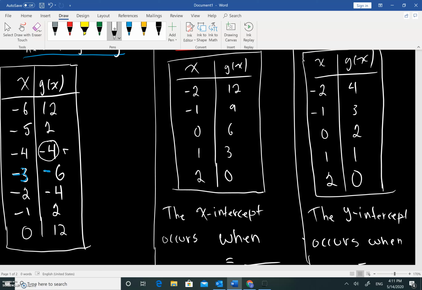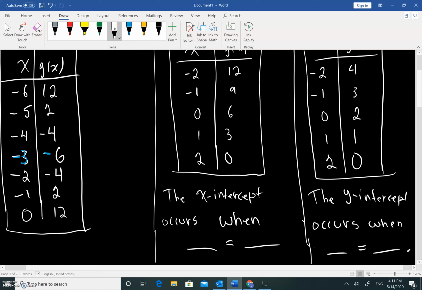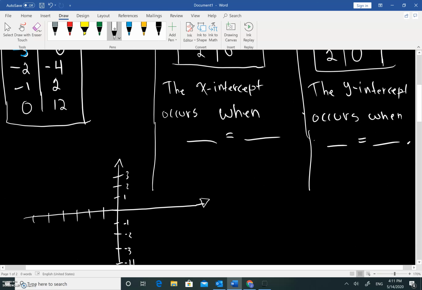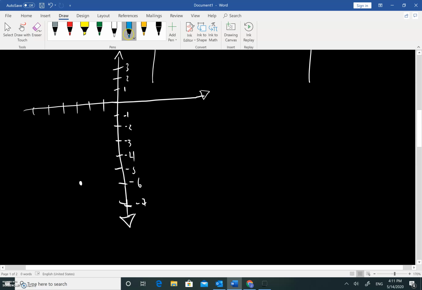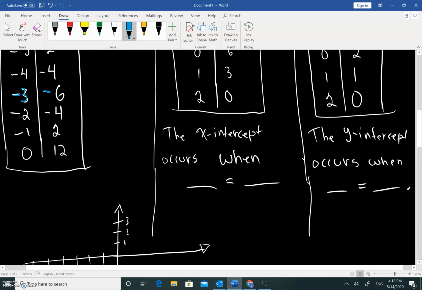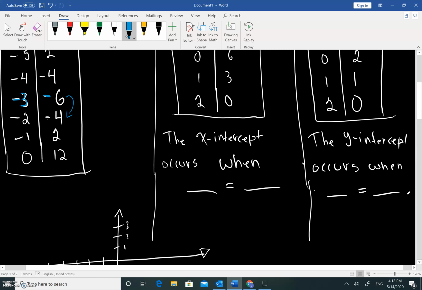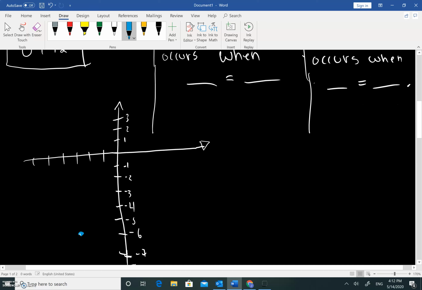So let's actually show this with the graph. Remember, -3, -6 is my axis of symmetry, so that would be somewhere around here. Let's make that in blue actually. And then we said that our other 2 points, one down and one up, are -4, -4. -4 is somewhere around here.